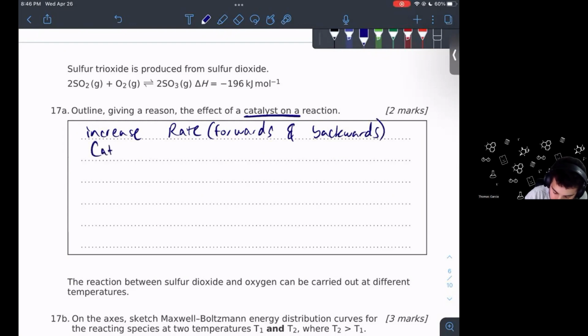Furthermore, catalysts decrease activation energy. So you can get points for that.